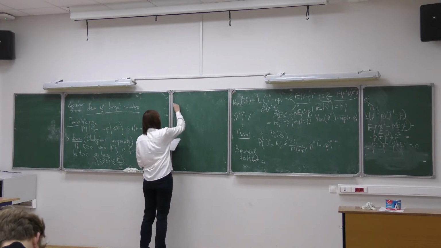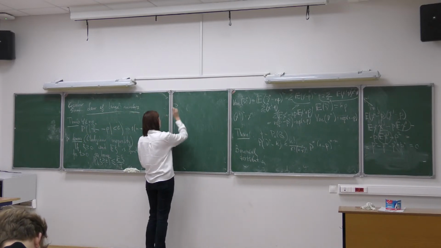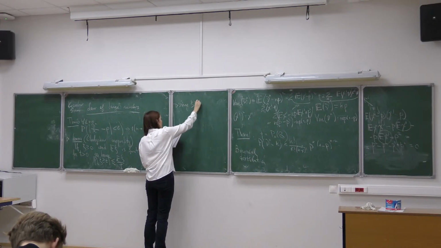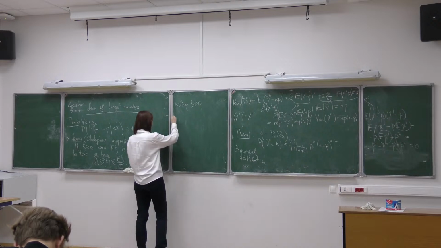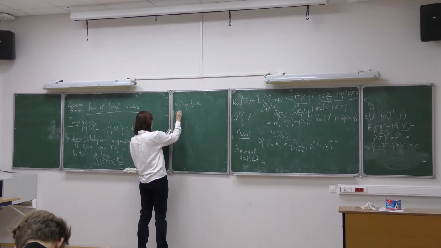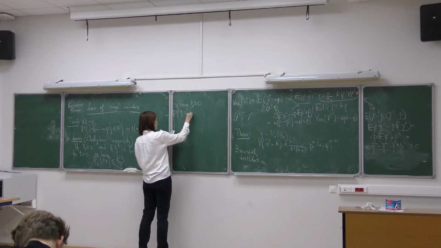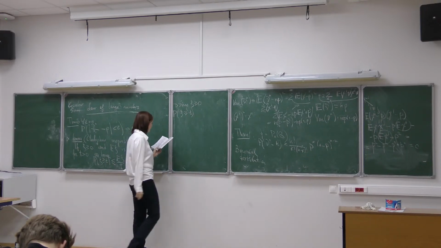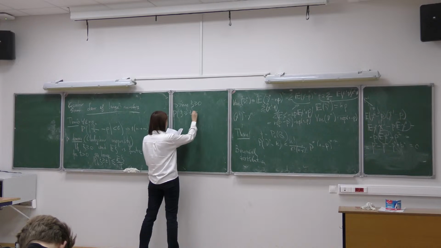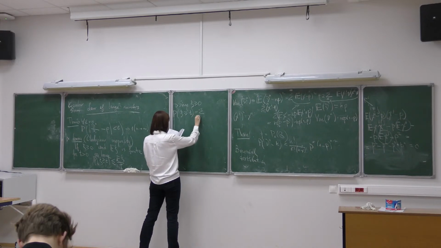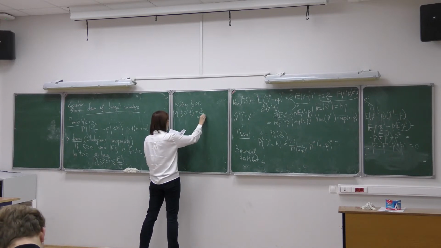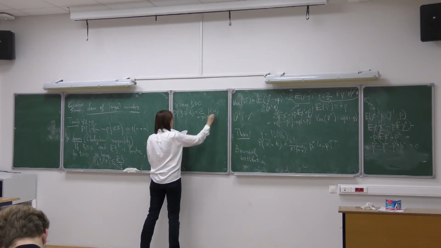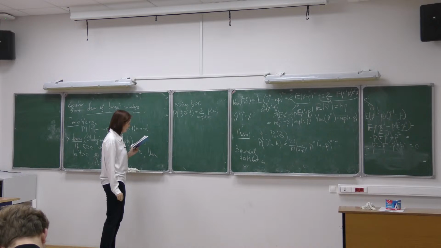So, since our random variable is non-negative, we can make the following computation. We can say that the probability that it is greater or equal than t is a sum, under the condition that it's satisfied, of the probabilities of every event that is like that.